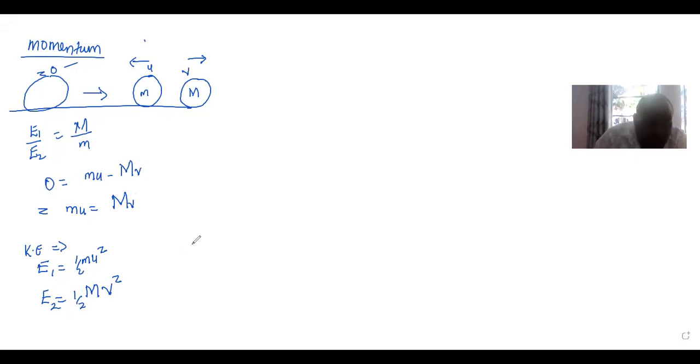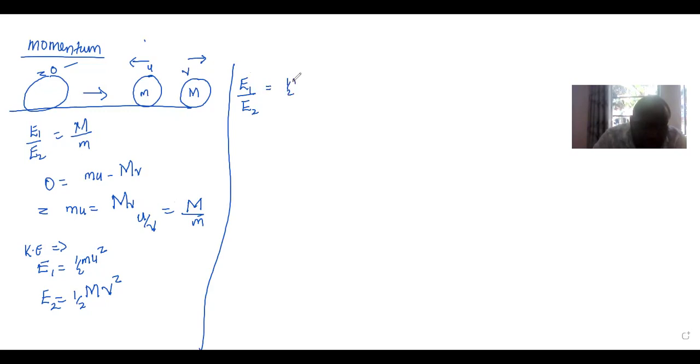And if I divide, you will see that the ratio of u to V is capital M to small m. So when you divide E1 over E2, you realize I have small m u squared divided by capital M V squared.